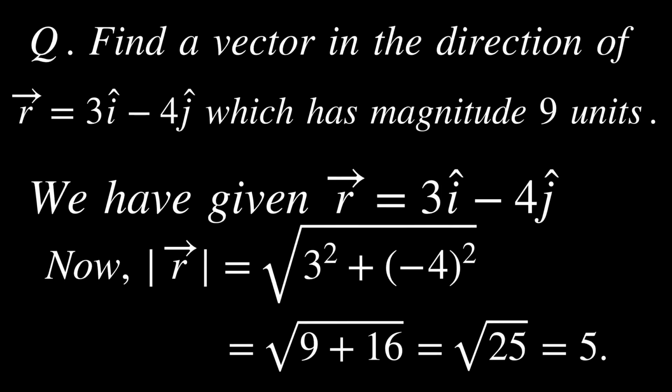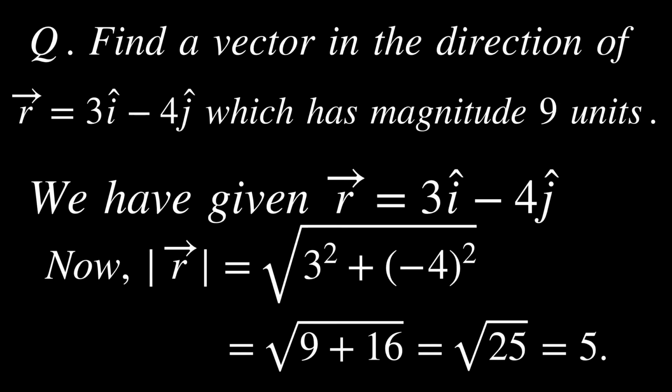Next problem. Find a vector in the direction of vector r is equal to 3i minus 4j, which has a magnitude of 9 units. Here we need to identify another vector which has a magnitude of 9 units. Also, it should be in the same direction as the given vector. For this, we need to find its unit vector and then multiply it by 9.